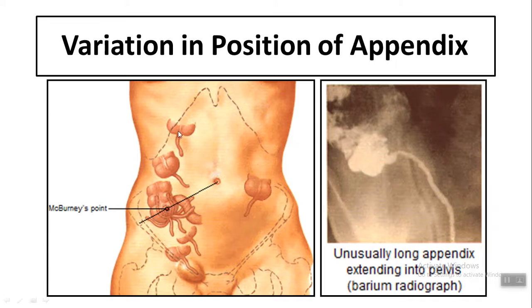Here is another variation in the position of the appendix: an abnormal position of the cecum, and therefore an abnormal position of the appendix, and it might be on the left side in rare cases.